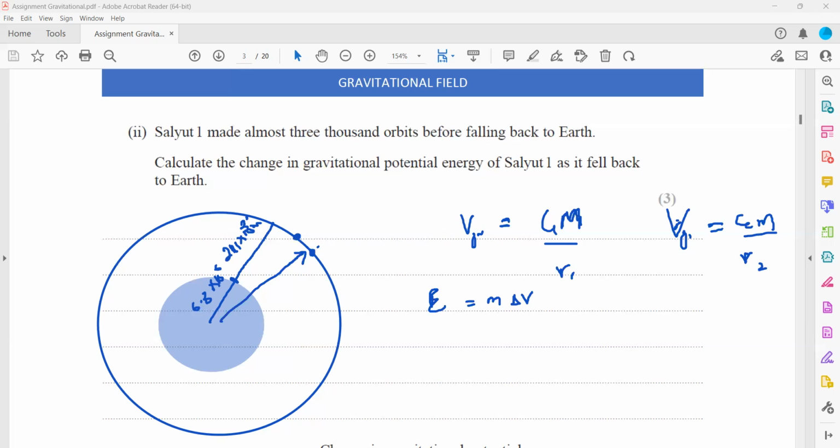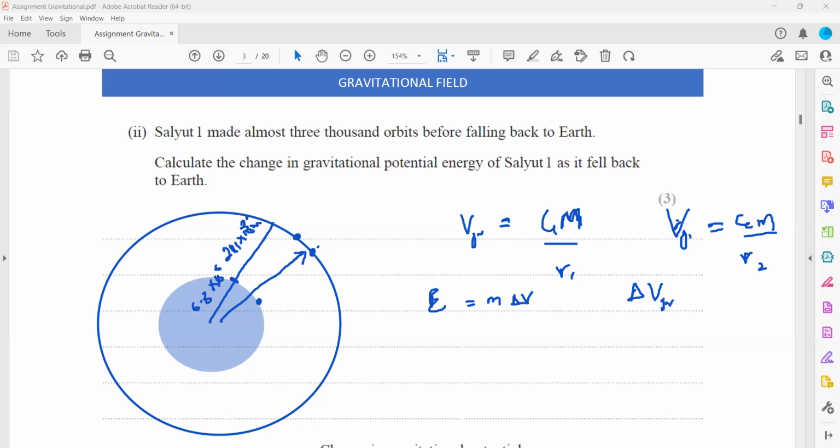First we'll find the gravitational potential at this point, then the gravitational potential at the other point, and take the difference to get the change in gravitational potential. To get the gravitational potential energy for the orbiting object, we multiply by mass, that is m times delta V.